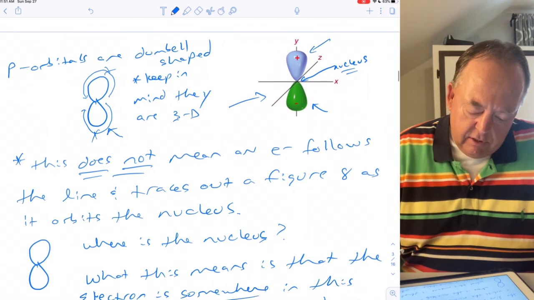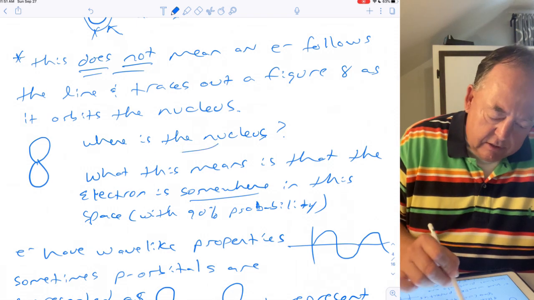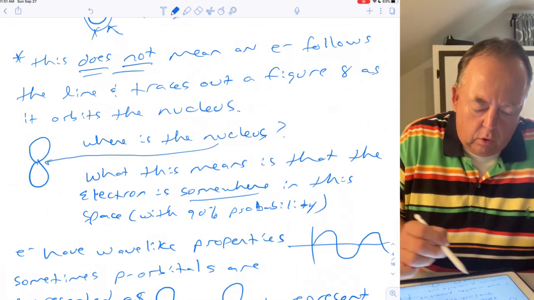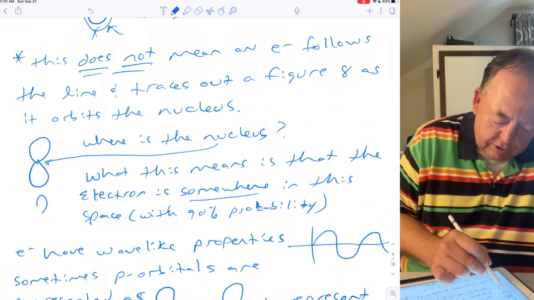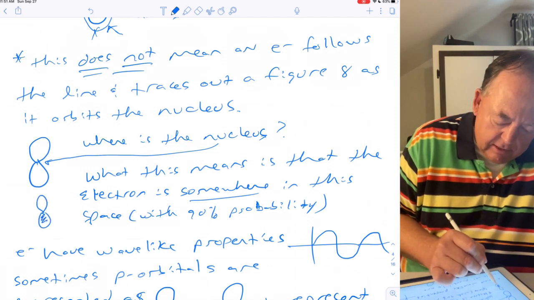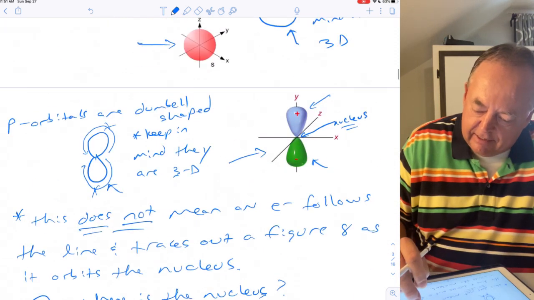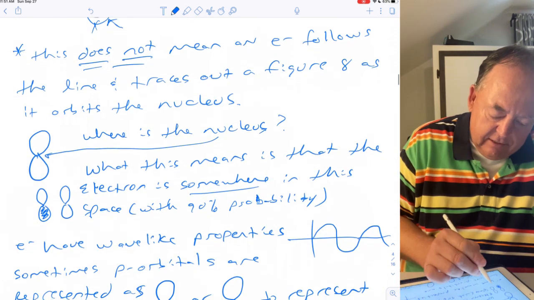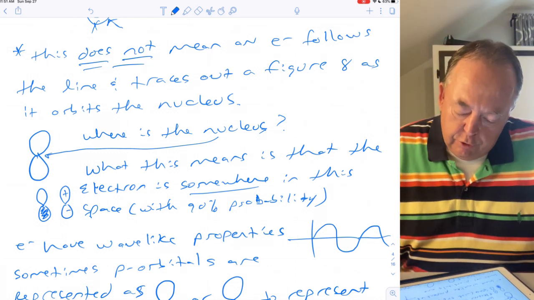So the nucleus is there. Sometimes you see p orbitals represented simply like this, or sometimes like this, where they're shaded. Or sometimes you see them represented like it is here with a phase, plus and minus. So what does that do?